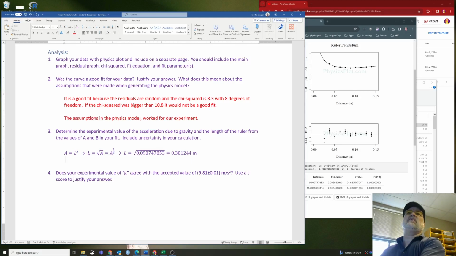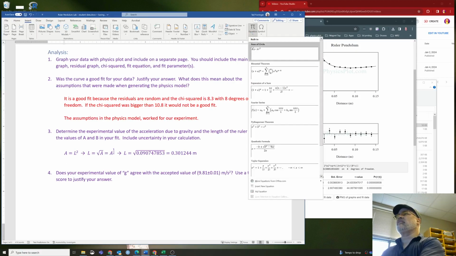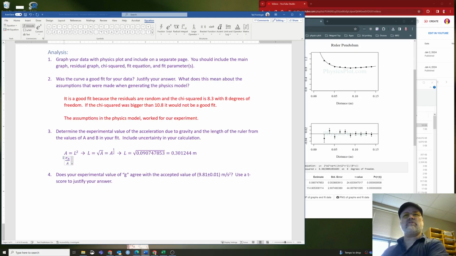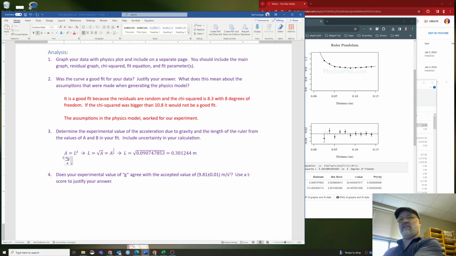So what that means is, using Rule 2, and again, go to the videos, we know that the uncertainty in L over L is equal to the uncertainty in A over A. But since A is raised to the 1/2 power, we have a 1/2 that we put in front here.